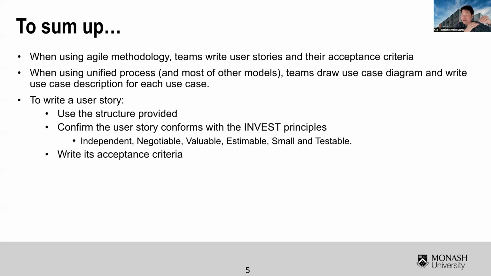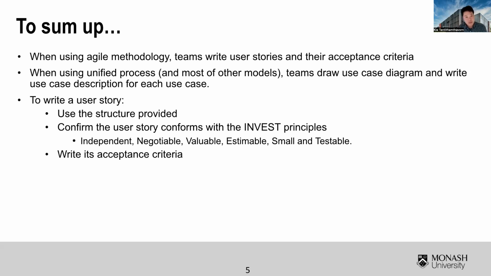It is higher than the system level. That's the behavior of the whole software. And the acceptance criteria are the steps that the tester or the clients need to perform in order to confirm that this user story is met.